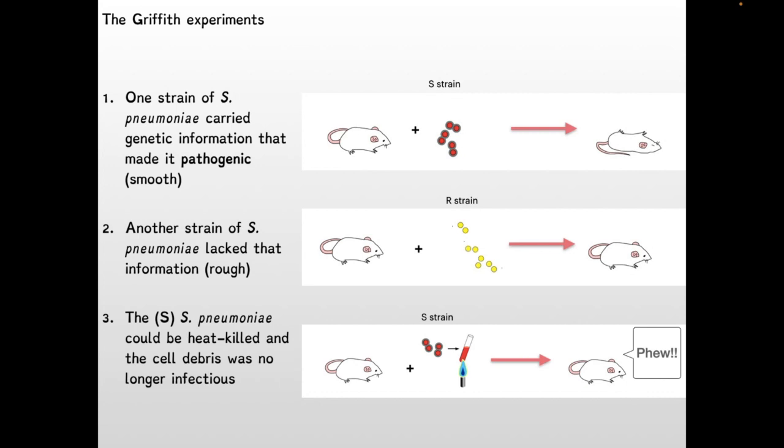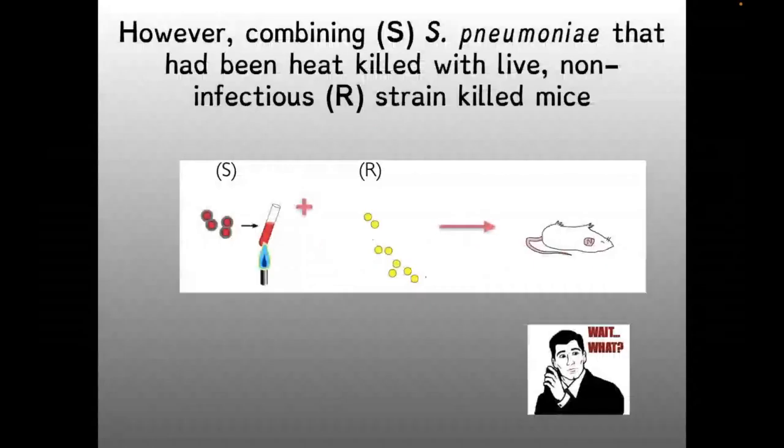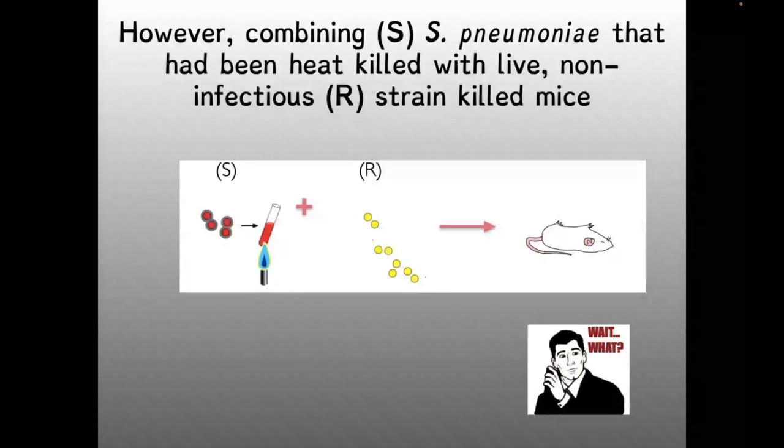The heat-killed pathogenic cells, mixed with the R strain, which also should not be pathogenic because it doesn't have the genetics to be detrimental to the mouse, then administered to the mouse, this mix ends up being infectious and leads to the death of the mouse.